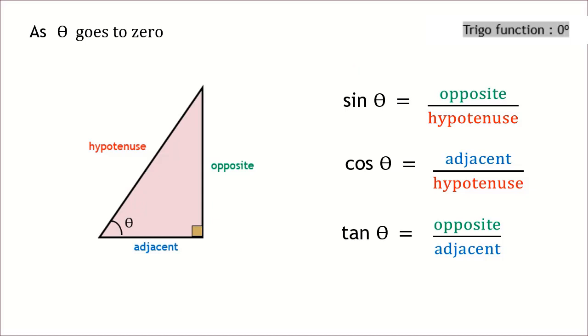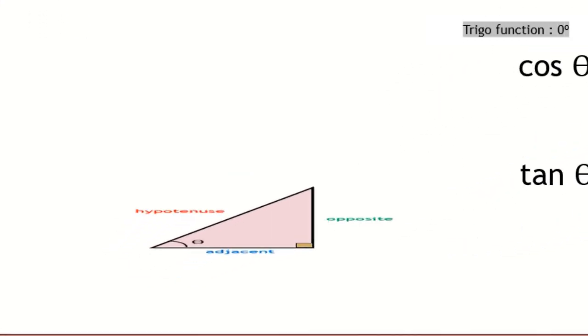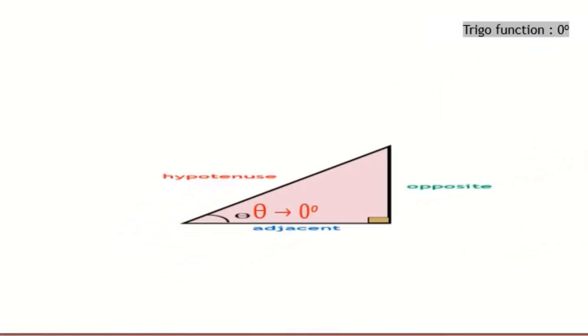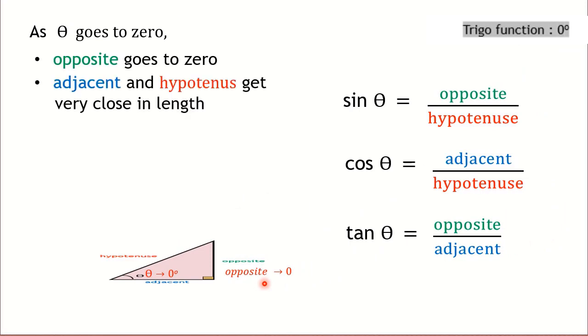Let's see what is happening when theta goes to zero. So we notice that as theta goes to 0, the opposite is approaching 0. So that means the opposite goes to zero and the adjacent and the hypotenuse get very close in length.